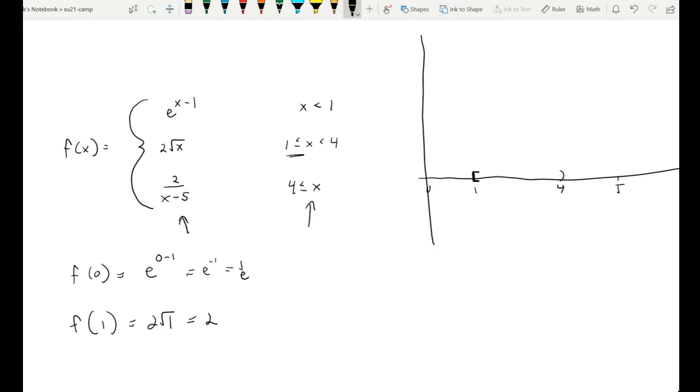So right away we see that we have a discontinuity at x equals 5. Since f is not defined at x equals 5, that's the first reason f cannot be continuous there. You can't say that a function is continuous somewhere where it doesn't even exist. It's just a silly, empty statement.